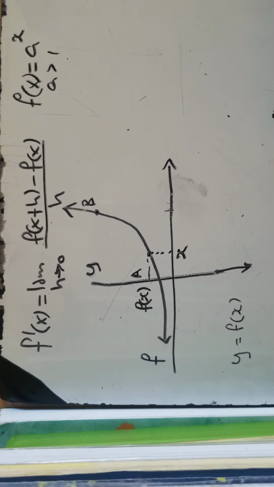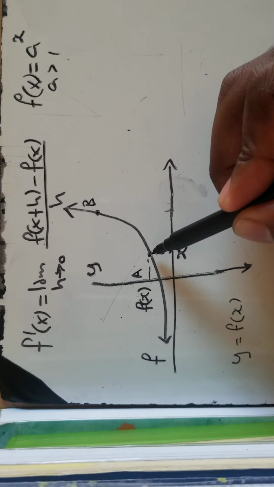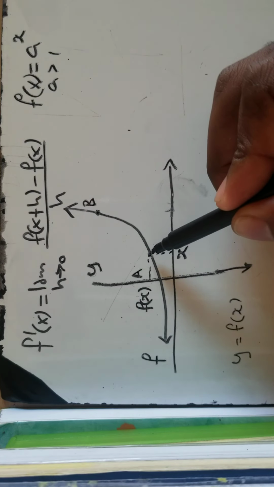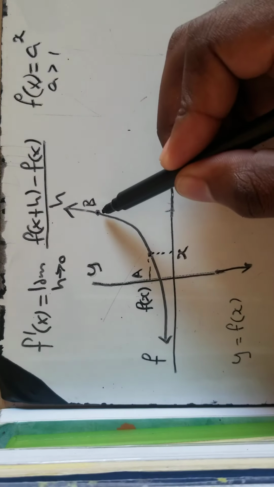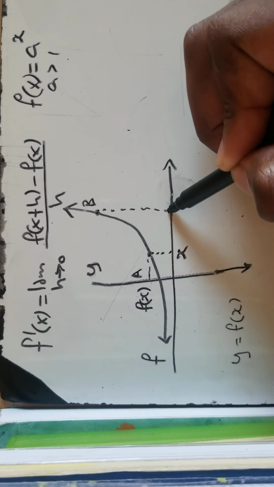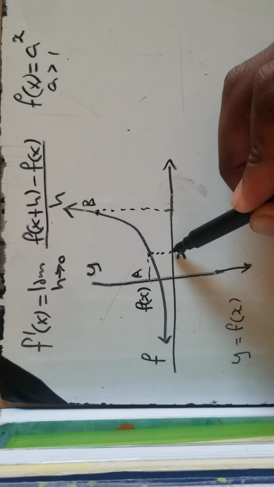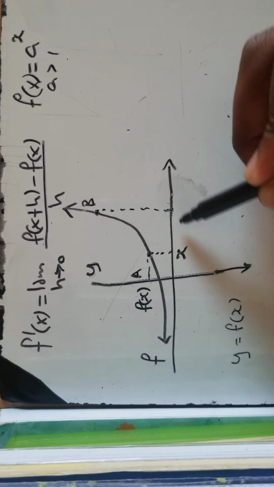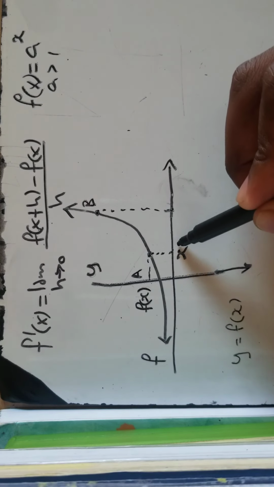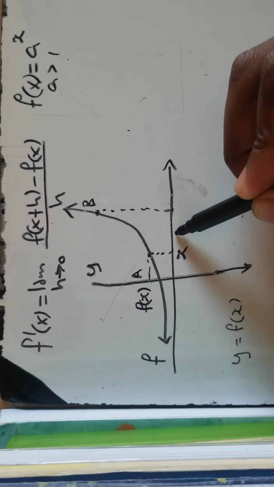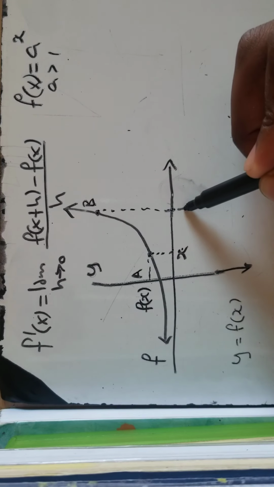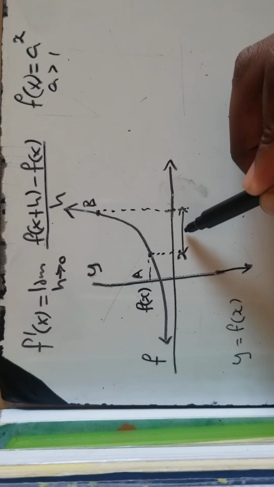Now, coming from point A to point B with respect to x, let's say the distance that we travel is h.